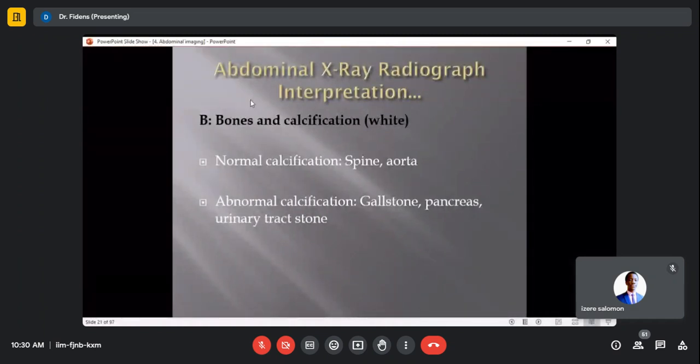Remember that there's some normal calcification in the abdomen, especially in the spine and aorta. In old people, some aortas have calcifications, and those calcifications are normal.